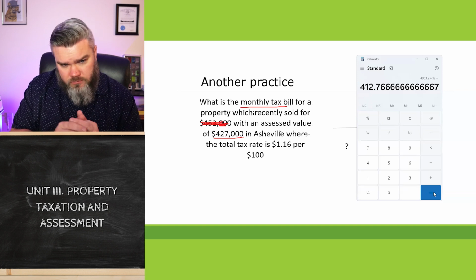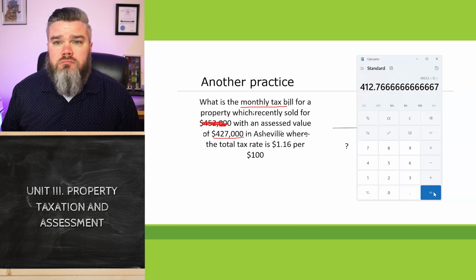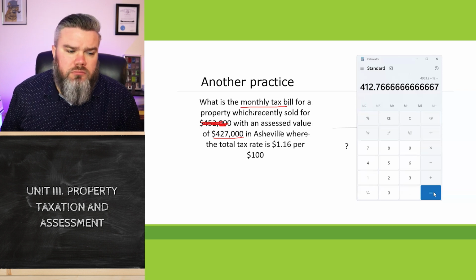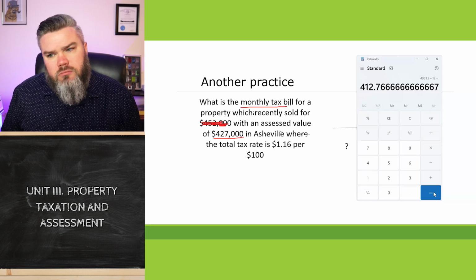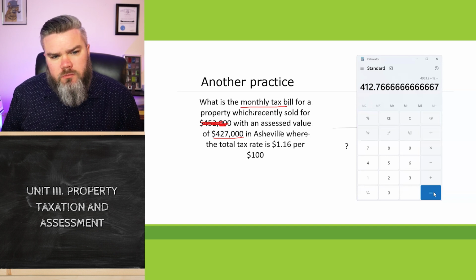So, one thing that tripped me up, and I'm sure I'm not the only one, initially, why would the monthly tax bill or just the tax bill be based off the assessed value and not the sale value? Or do you know that answer?